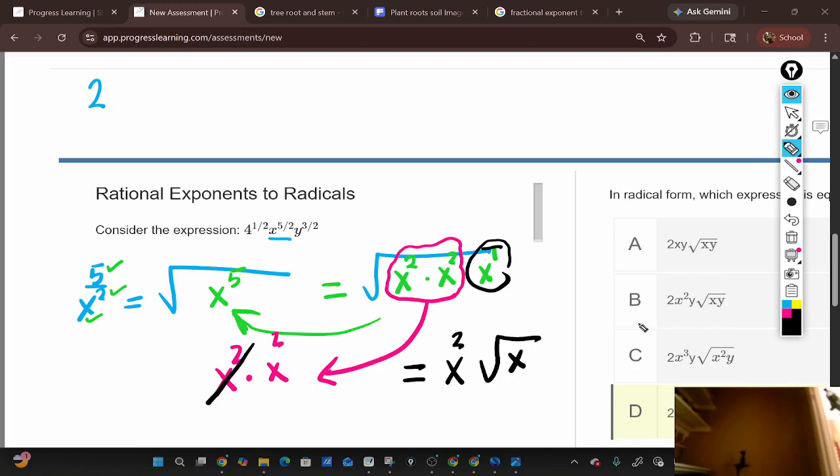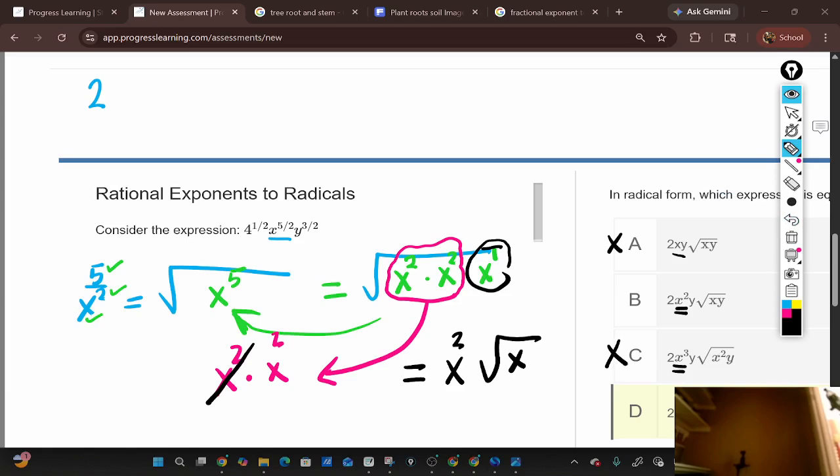So now where is x to the power 2? I don't have x to the power 2 in A, so maybe A is wrong. Look at this: we have x to the power 2 here, so that's fine, and we have x inside, so B could be the answer. But here, look at that: we have x to the power 3, but we need x to the power 2. We have x here, but we have x to the power 2 inside. So this could be a wrong answer.